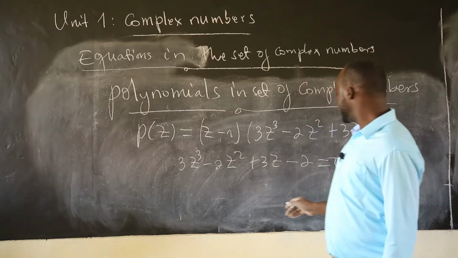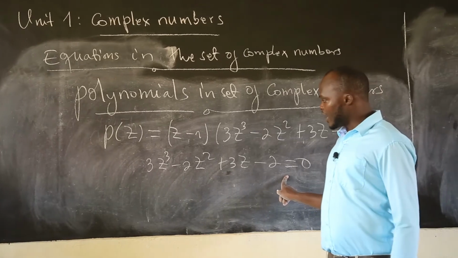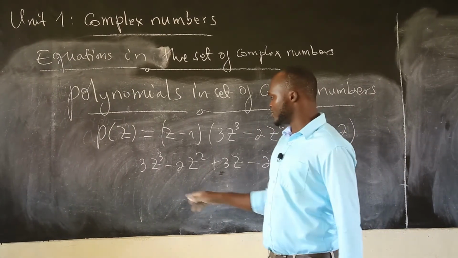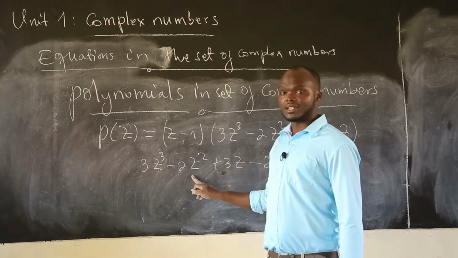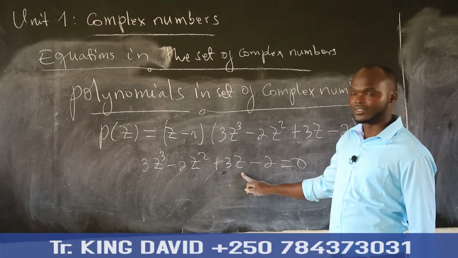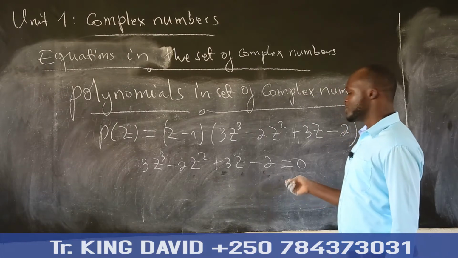So let us try to find another root. Since 1 cannot satisfy this equation, and negative 1 also cannot satisfy this equation, because if you use negative 1, it will be negative 3 minus 2, that's negative 5, minus 3, that is negative 8, minus 2, which is negative 10. So negative 10 is not equal to 0.